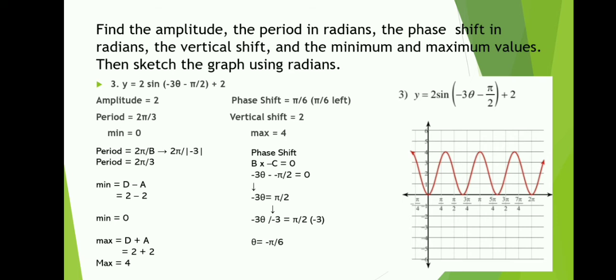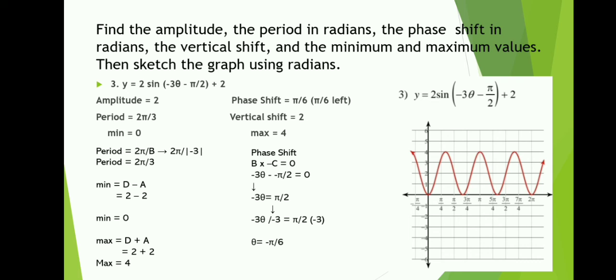Then sa phase shift, it is bx minus c equals 0. So, ang value sa b is negative 3 theta. Then sa c is pi over 2, equals 0.